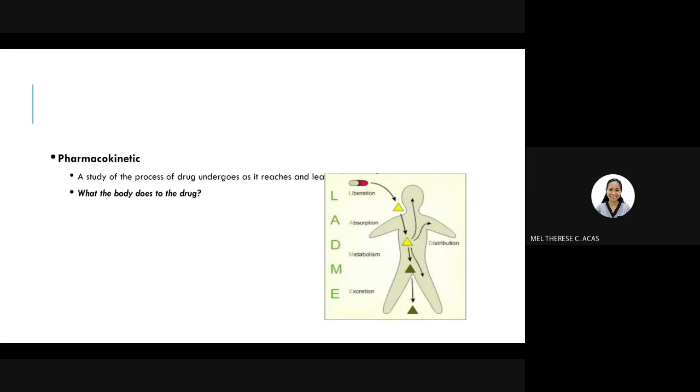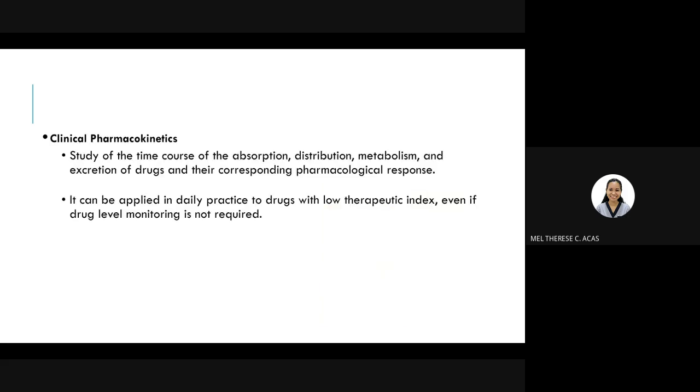Under this is the LADME, or the pharmacokinetic processes of liberation, absorption, distribution, metabolism, and excretion. So clinical pharmacokinetics is the study of the absorption, distribution, metabolism, and excretion of drugs and their pharmacological response.